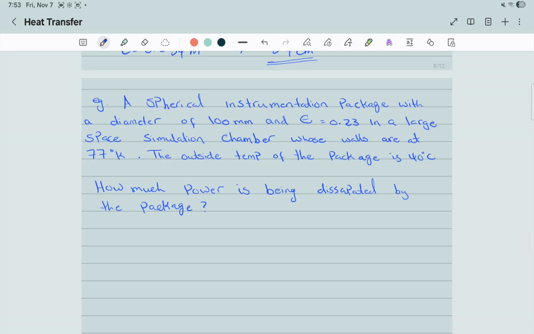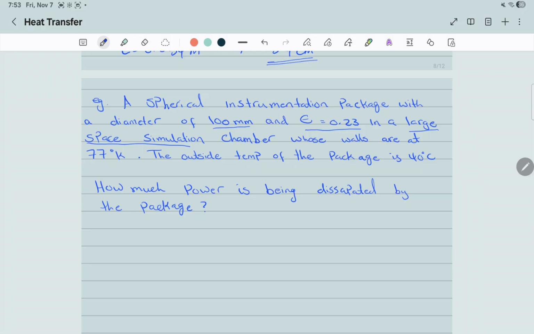Read the problem statement, make a schematic, write the givens on the schematic. So a spherical instrumentation package with a diameter of 100 millimeters with emissivity of 0.23 in a large space. Take this into consideration.